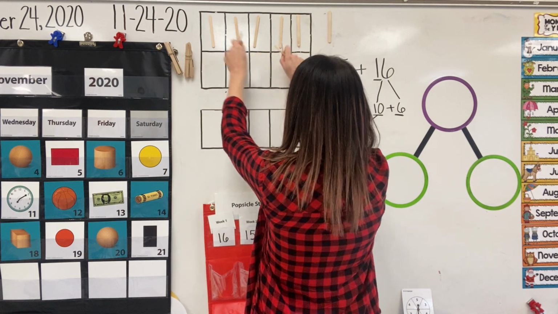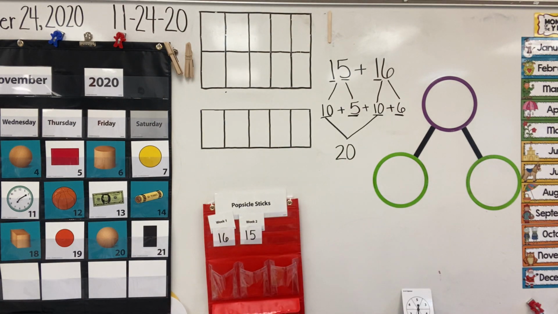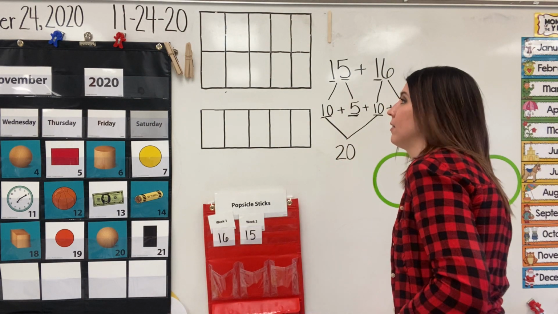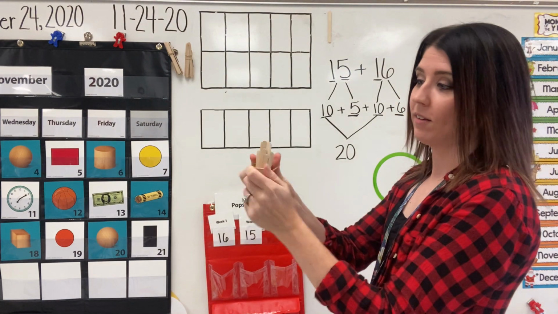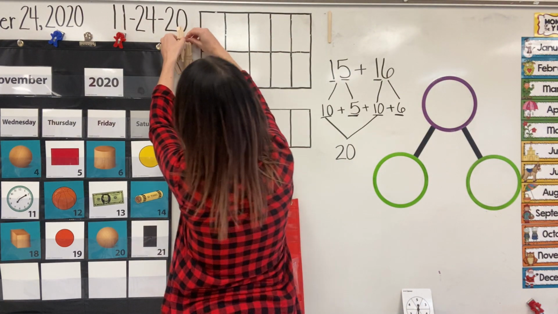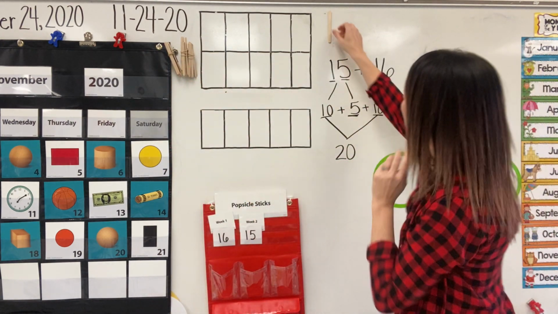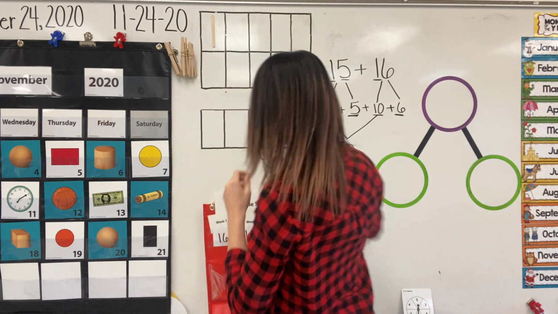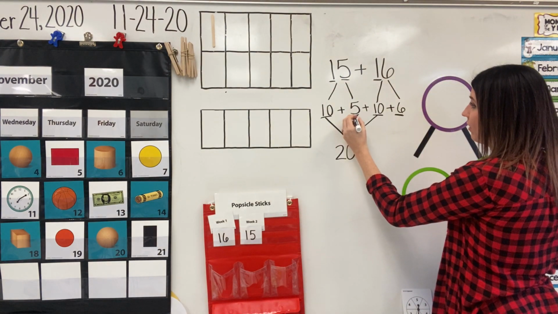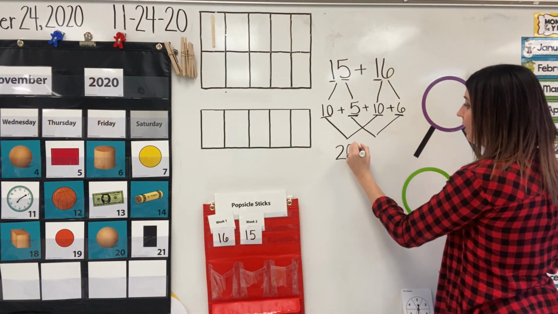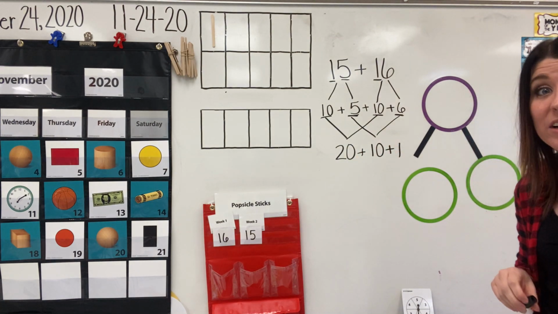So let's take these, oopsie, and let's group them into 10. So now we have 3 groups of 10 and 1 extra. So when we put 5 and 6 together, it made a group of 10 and 1 extra.